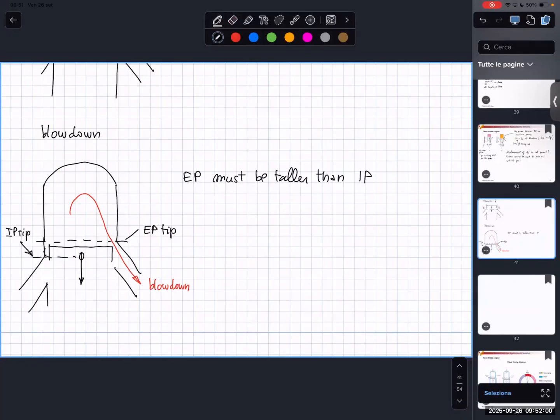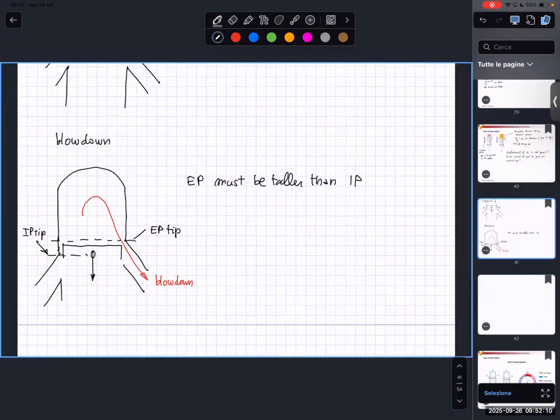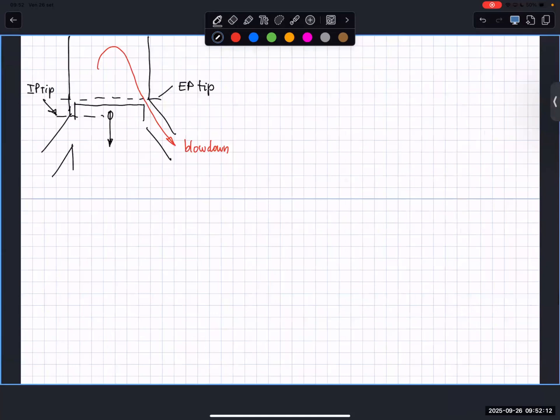Clear for everyone? Because when we open the port, the gas is going in that port, and so we would like to have the gas going outside, through the exhaust. When the piston is going up, which port would I like to be taller?